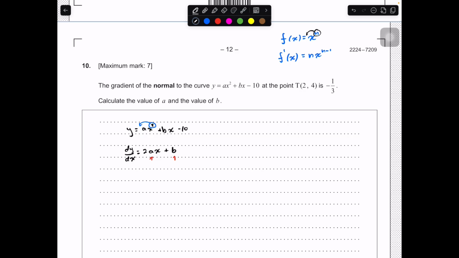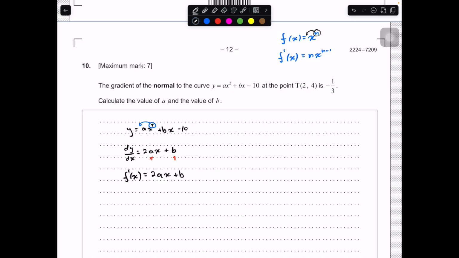So let's go ahead and see what we have here. We've got this derivative, dy/dx is equal to 2ax + b. Remember we said the notation is the exact same, so let's rewrite it as f'(x), because these are just different notation for the same thing.